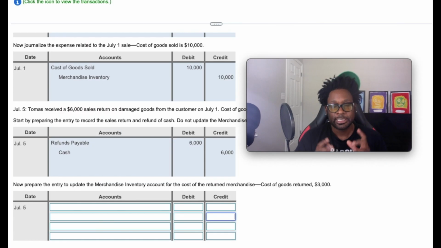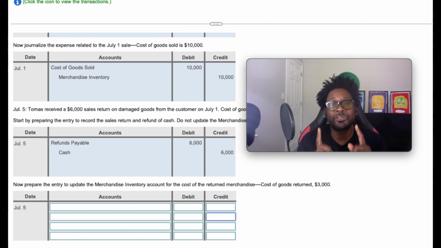Good job. Now we have to account for the inventory that was actually returned. Now remember what I said earlier, gang. At the end of the previous period, we make an estimate for the inventory that is expected to be returned. And one of those accounts that is affected is the estimated return inventory. So in this particular transaction, since we are having a return, that account will now become affected.